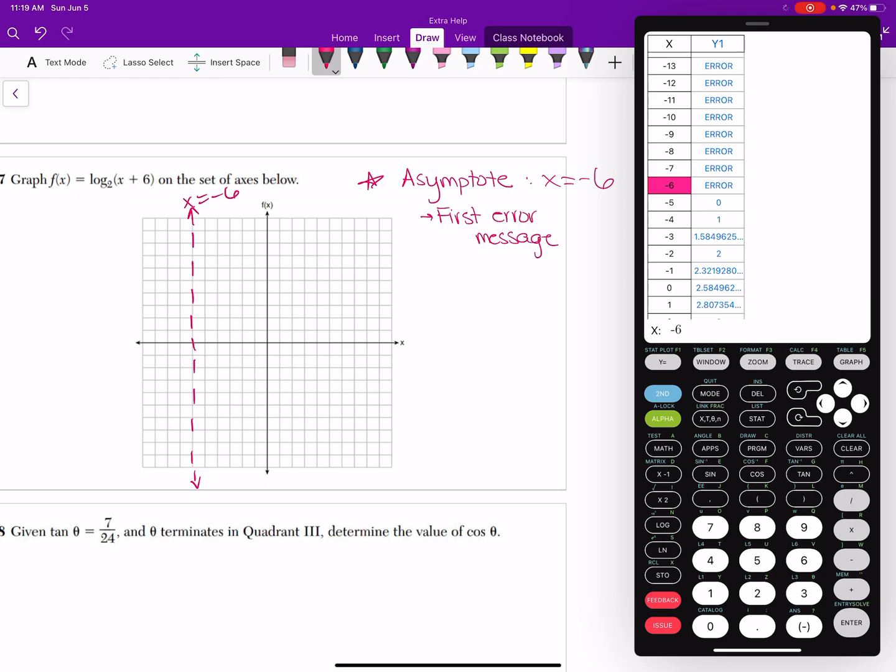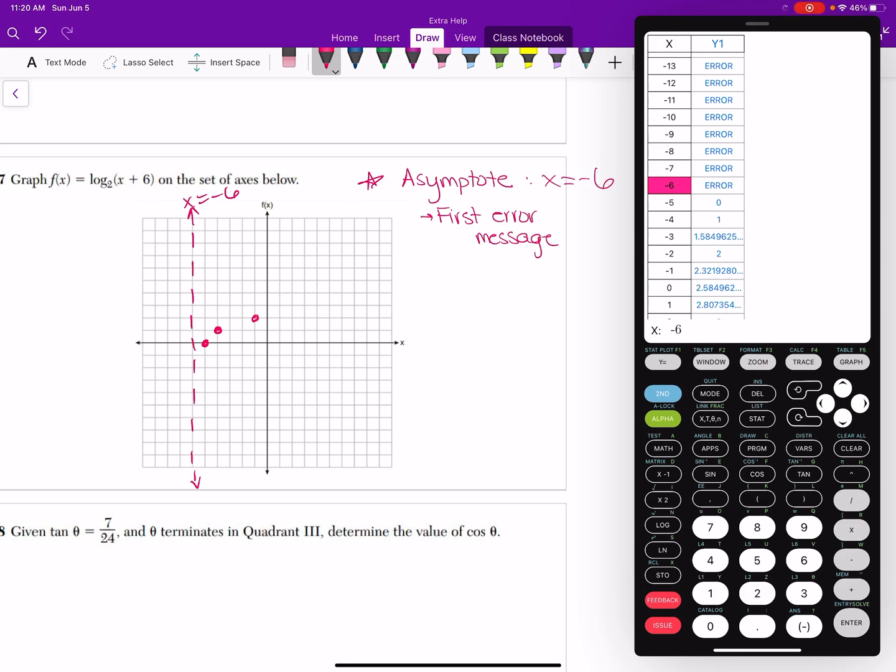From there, I would just plot some of the points from my calculator. It doesn't mean that you have to include any specific points. I would just make sure that I'm getting some on there. If they asked for specific points, like your intercepts, you would want to make sure your x and y intercept are there.